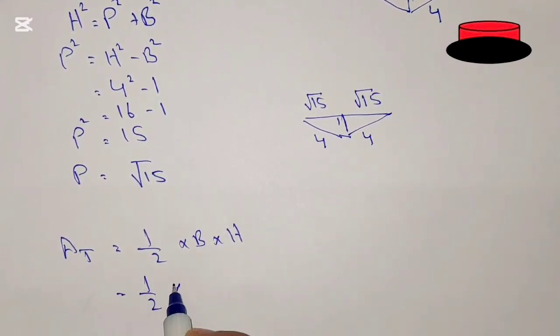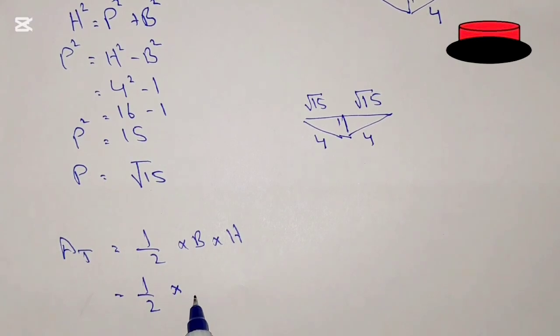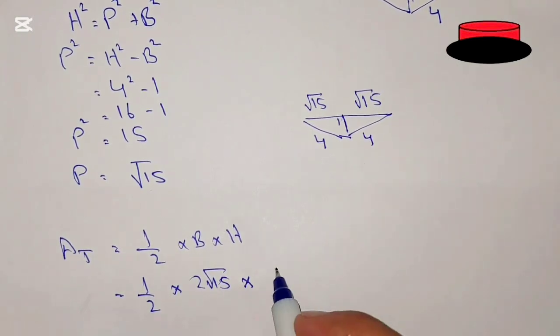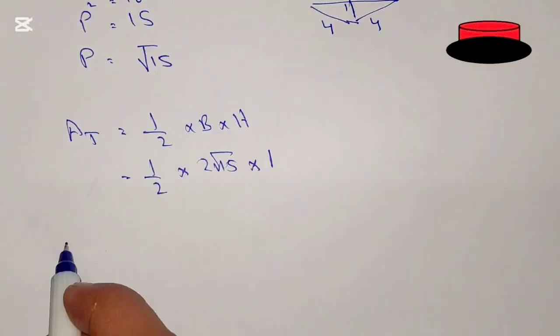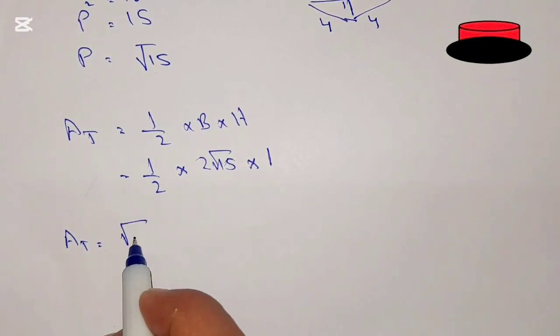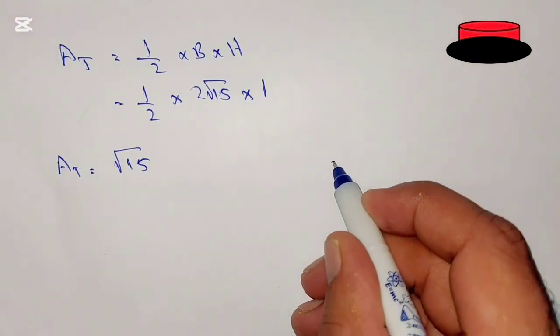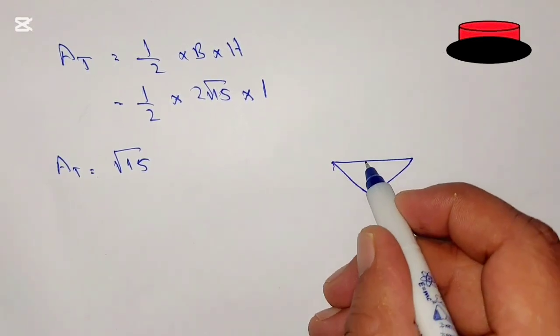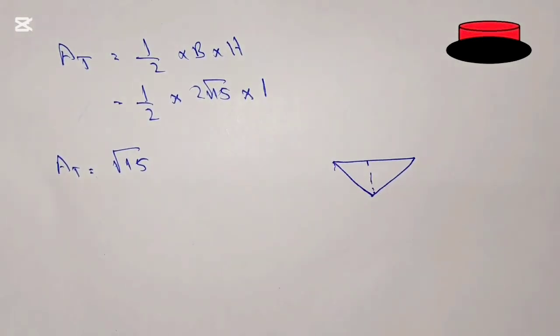So half multiplied by under root 15 plus under root 15, that is 2 under root 15, multiplied by the 1. So 2 will be cancelled. So the area of the triangle is under root 15.